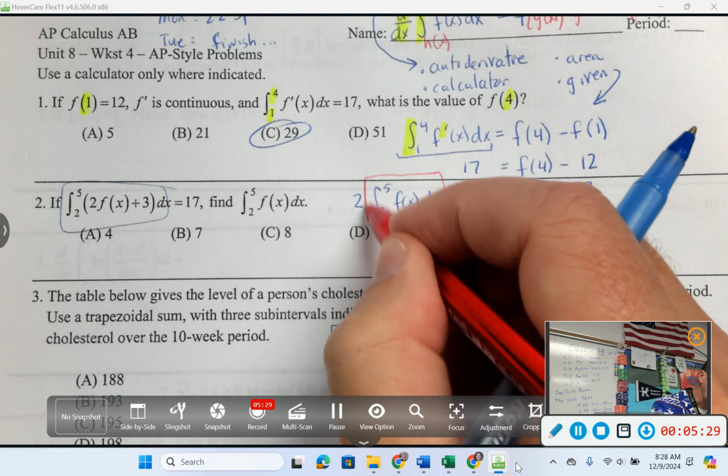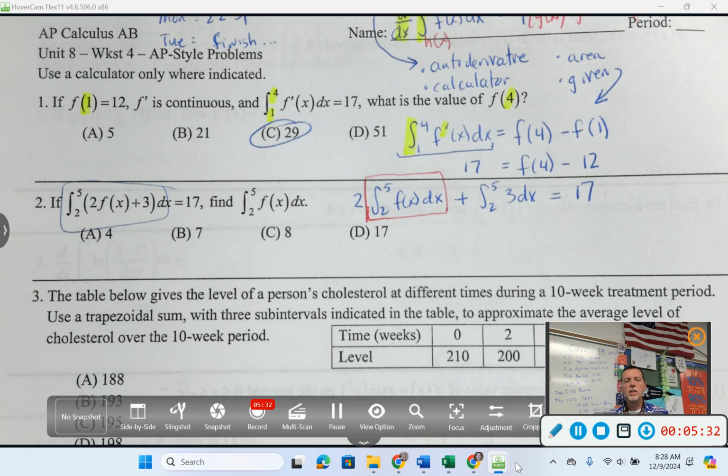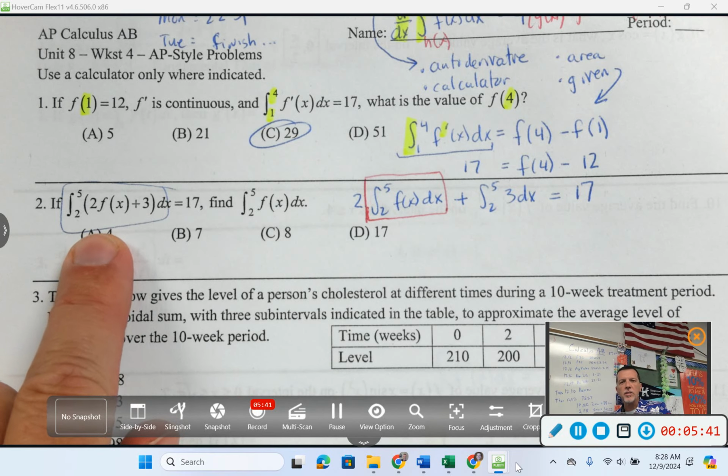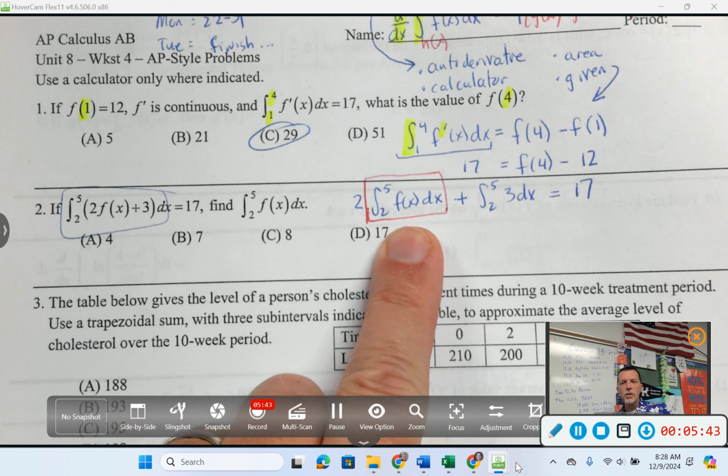And again, I'm trying to find this thing. Are you okay with what we did so far? We just expanded that problem they gave us to isolate the thing that we're looking for.